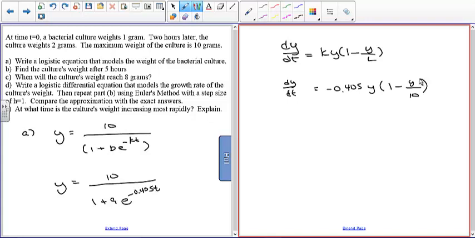So it's just from solving the model equation, which we knew applied, solving for b and k, and then putting them back into the differential equation that this one was based on in the original point. It says use Euler's method, but we're not going to do that. And at what time is the culture's weight increasing most rapidly?